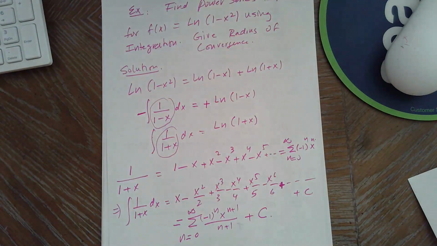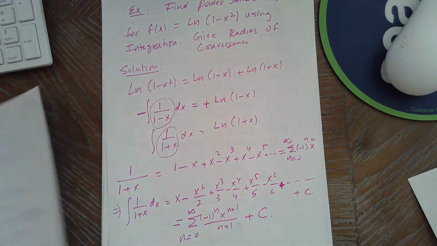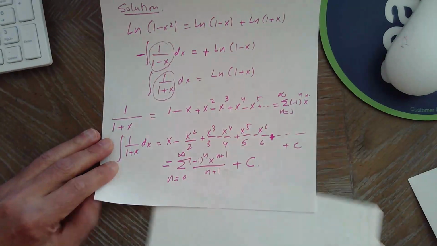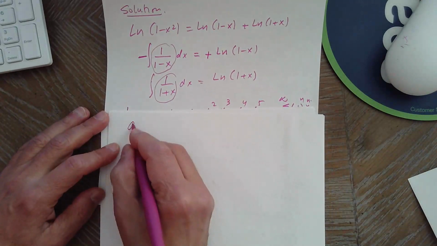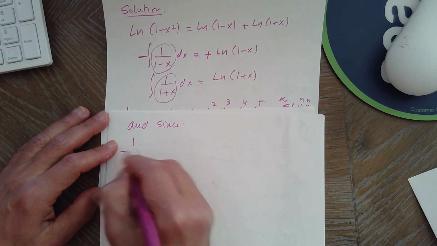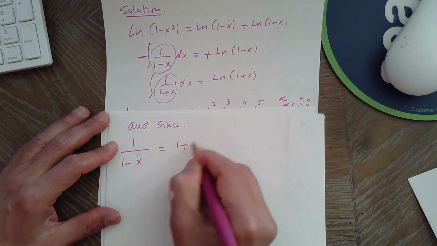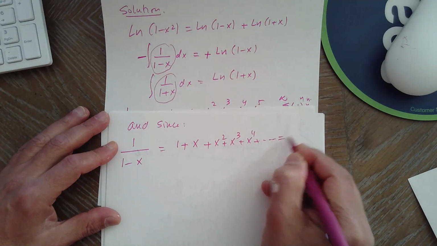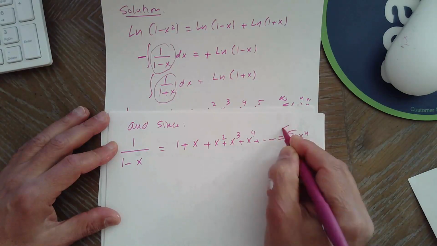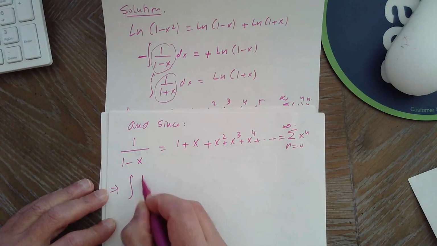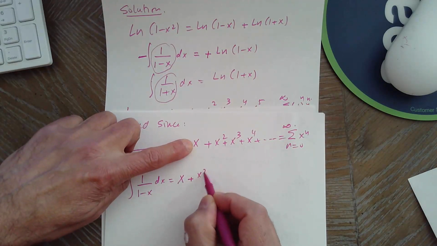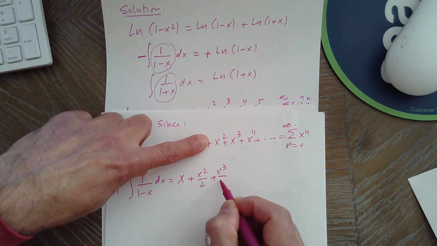Okay, now let's look at 1 over 1 minus x, and then we're going to get the integral for that. Since 1 over 1 minus x is 1 plus x plus x squared plus x cubed plus x to the 4th, and so on, which is the sum of x^n, n equals 0 to infinity, that means the integral of 1 over 1 minus x dx is the integral of 1 plus the integral of x plus the integral of x squared.